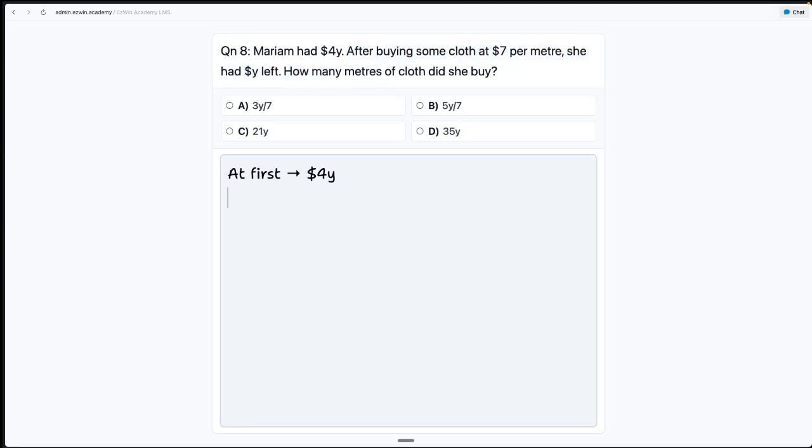So that means the cloth will be equal to, right? So we know that she has left $1Y or just Y. Okay. So the cost of the cloth is equal to how much she had at first minus how much she has left, which in this case is 4Y minus Y, which is 3Y.